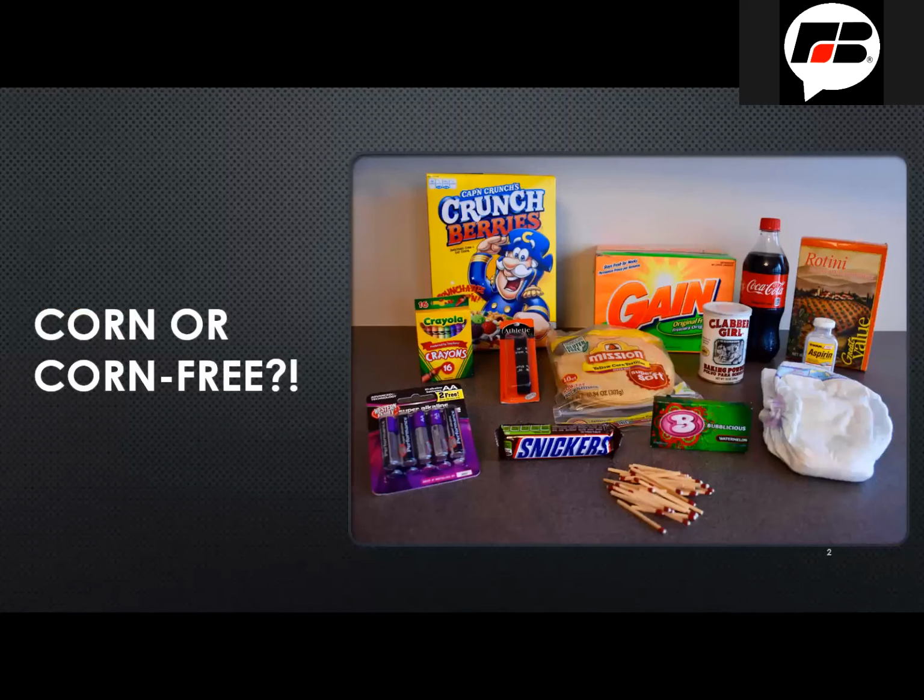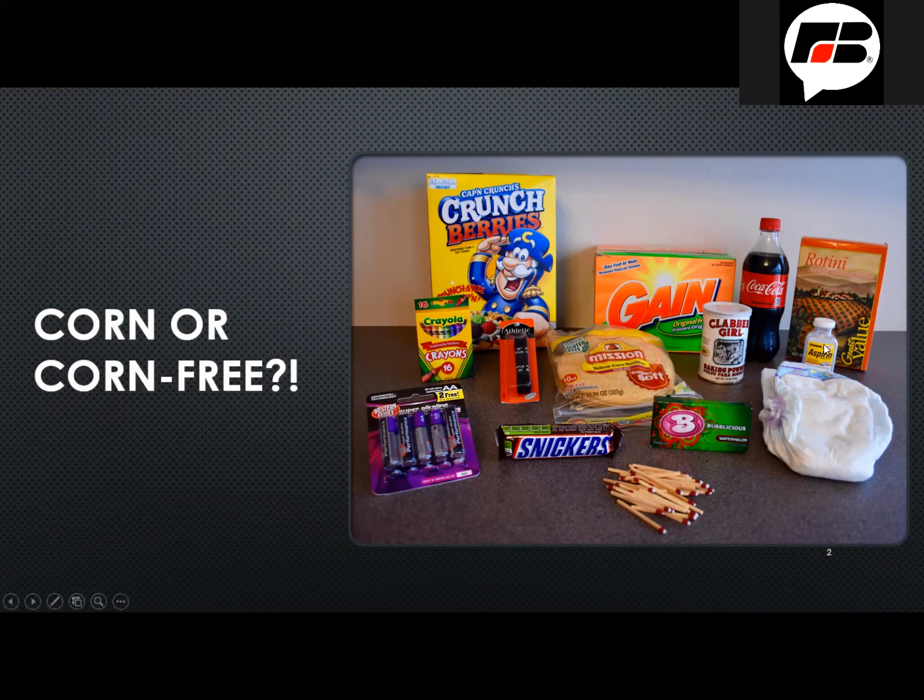Can you tell me of all of these ingredients and all of these items that I have right here, do these products contain corn or are they corn free, meaning they don't have any ingredients that contain corn in this product?